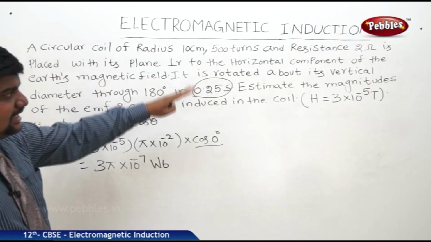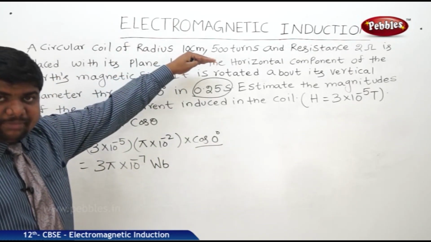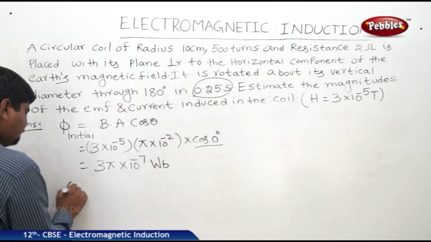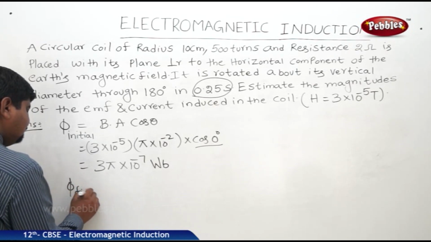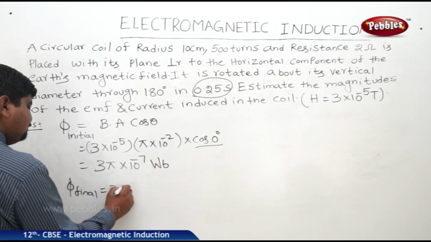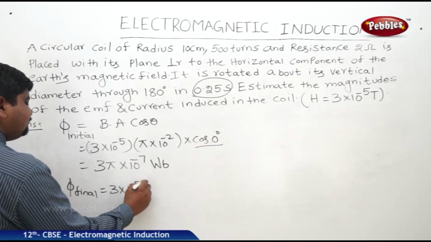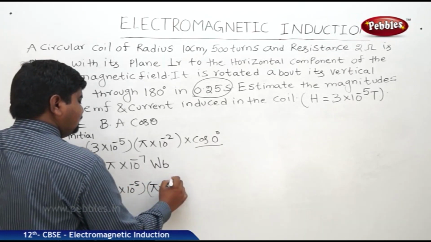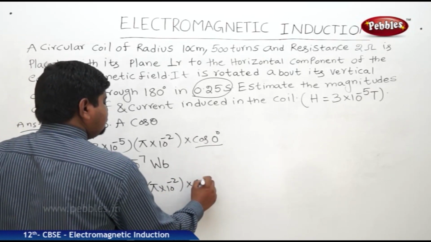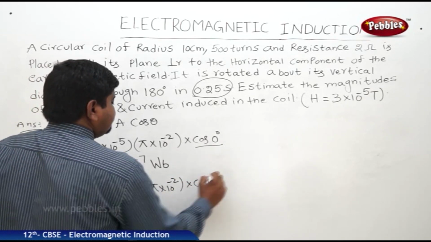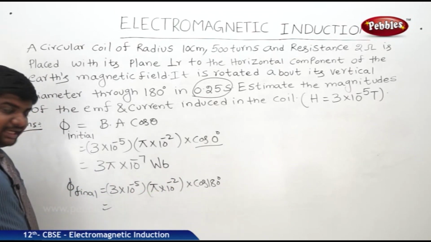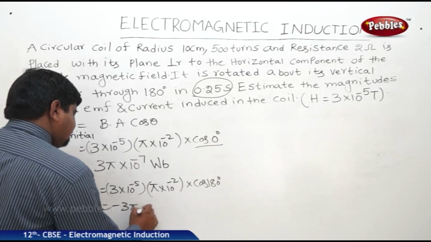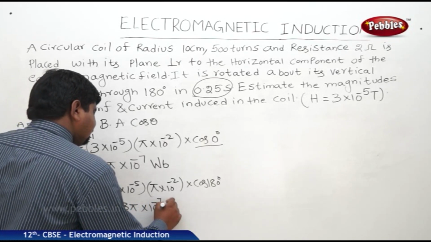Whenever it is placed in the Earth's horizontal component of the magnetic field, it is rotated through 180 degrees. Now, what is the final flux? Same, 3 into 10 to the power of minus 5, area pi into 10 to the power of minus 2, into cos 180. Cos 180 is equal to minus 1. Minus 1 into the same thing, you will get minus 3 pi into 10 to the power of minus 7 Weber.